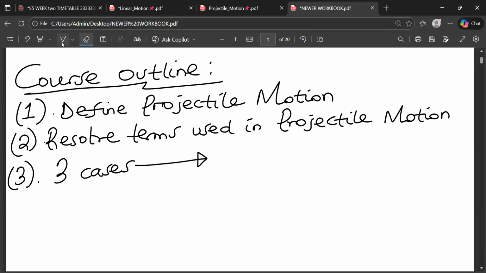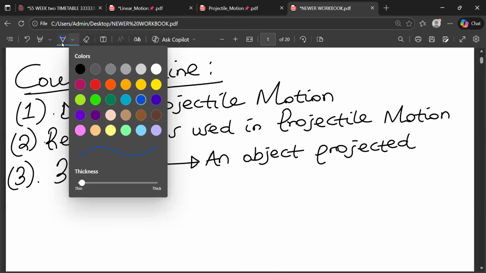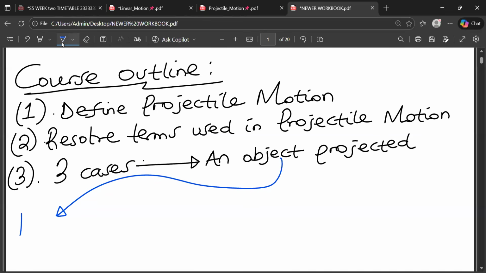So you may be asking, what are those cases? The first case is an object projected, one, horizontally.